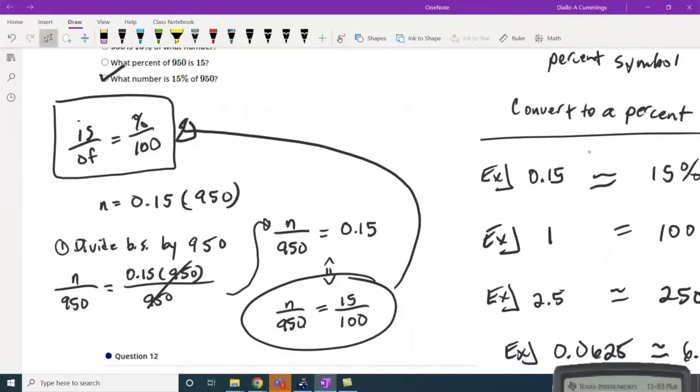Here I chose to divide both sides by 950. Is everybody okay with this? On the left-hand side, we have n divided by 950 is equal to 0.15 because the 950s cancel. Then over here, I converted 0.15 to 15% and interpreted it using the percent equation.